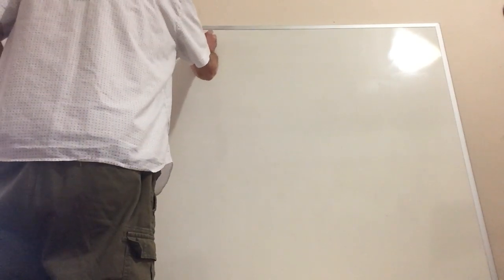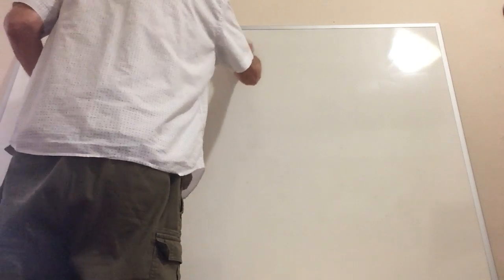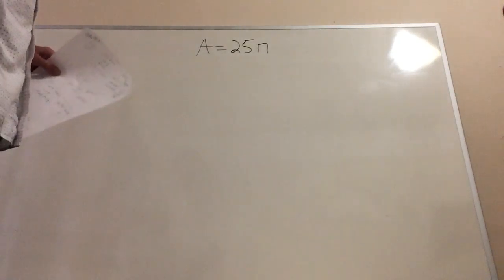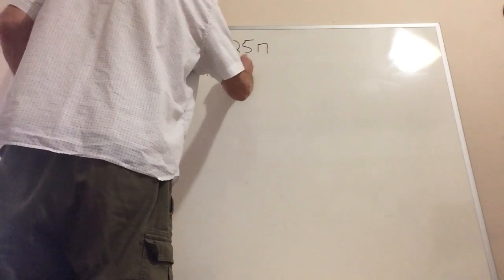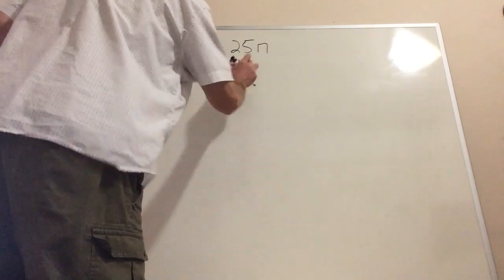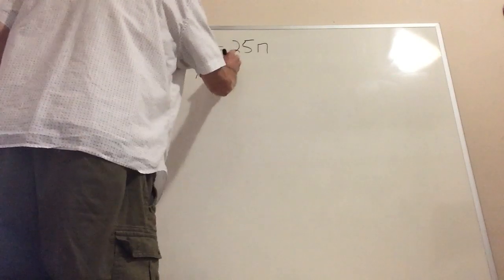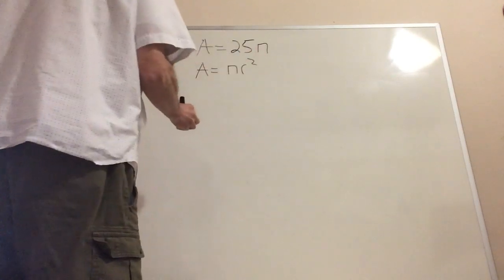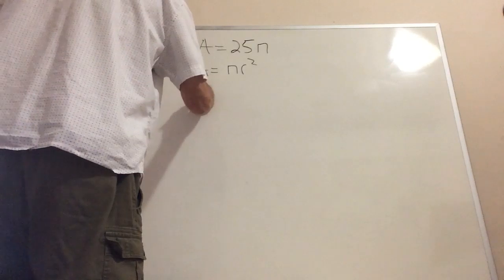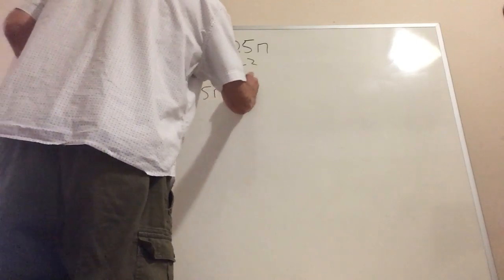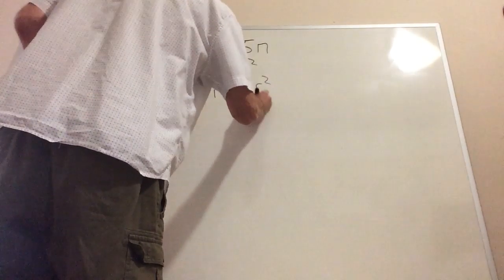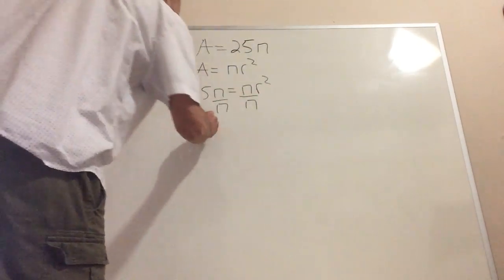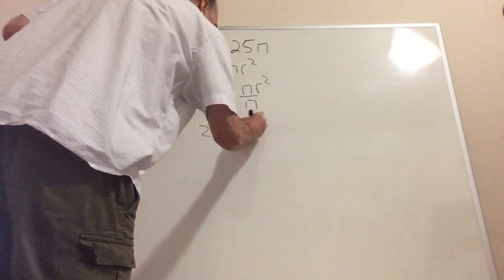If, say, the area equals 25 pi, just to make the numbers easy, then I write area equals pi r squared, and since the area is 25 pi, and since it's been explained so many times, pi is just a number, I divide both sides by pi, and I get 25 equals r squared.